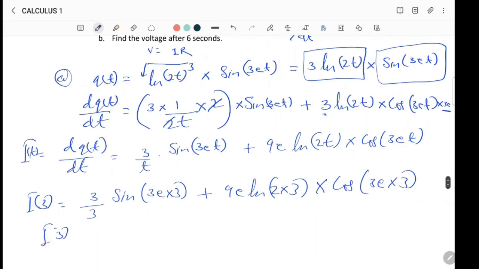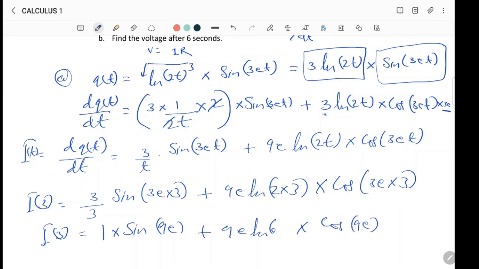So I3 is 1 sine 9e plus 9e ln 6 times cos 9e.